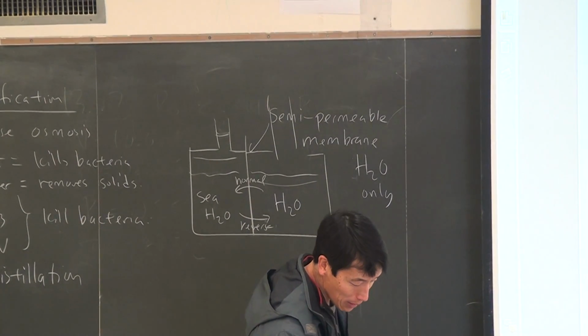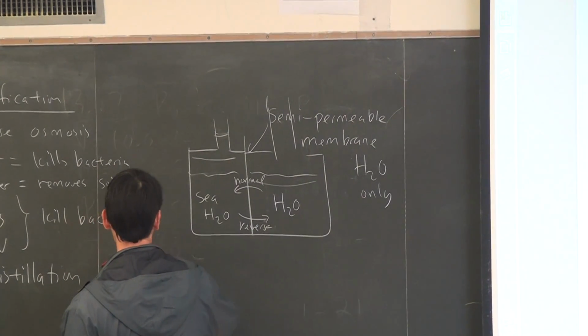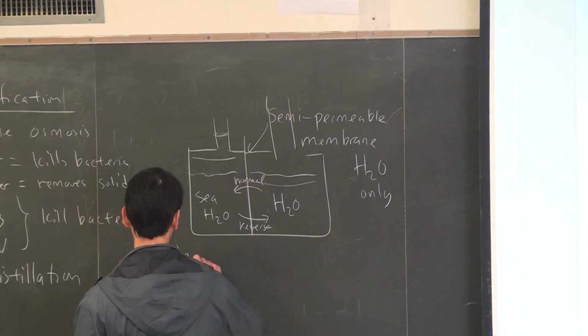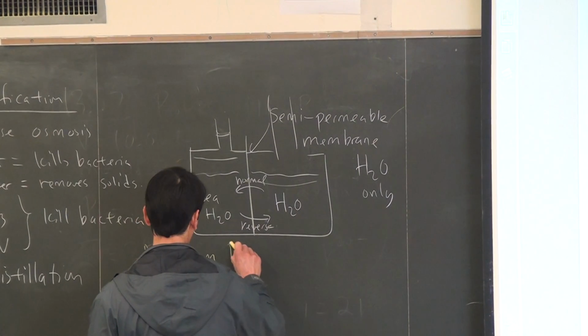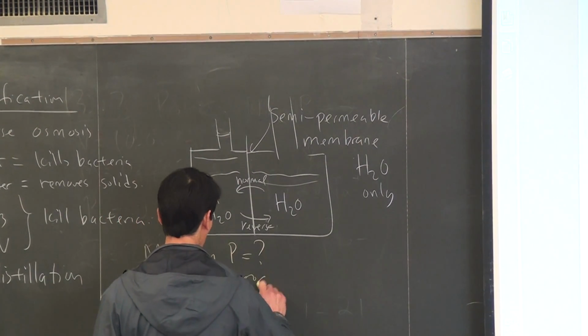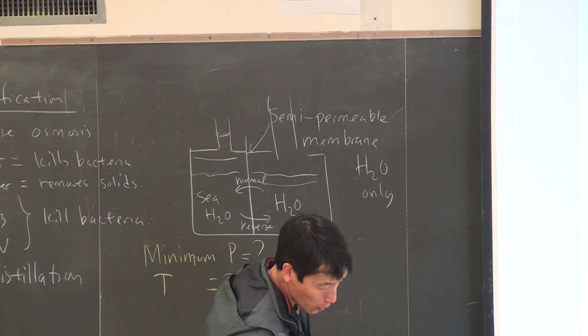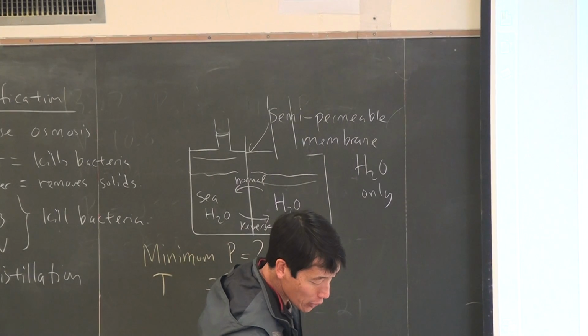Okay, so they're saying you want to figure out a minimum pressure. The temperature is 25 degrees and the concentration of salt in the water is 0.70 molar.